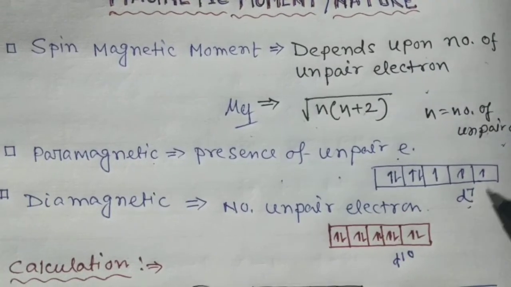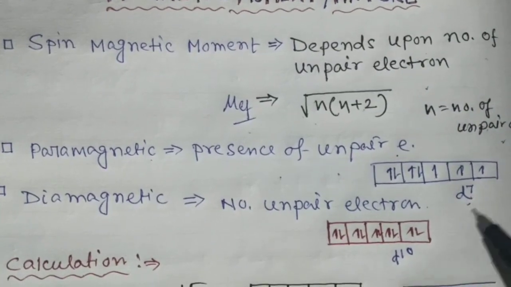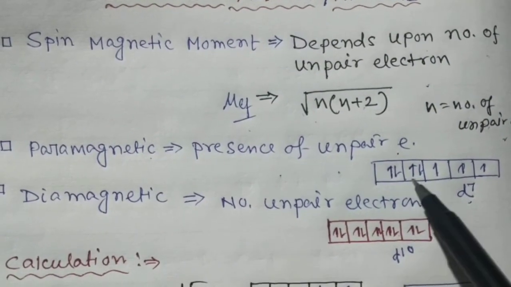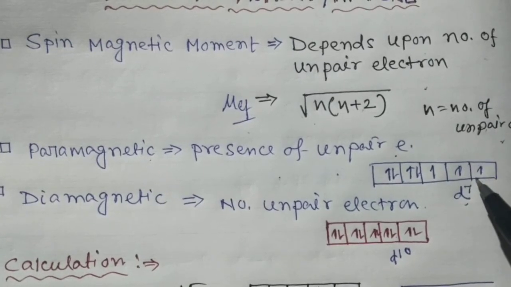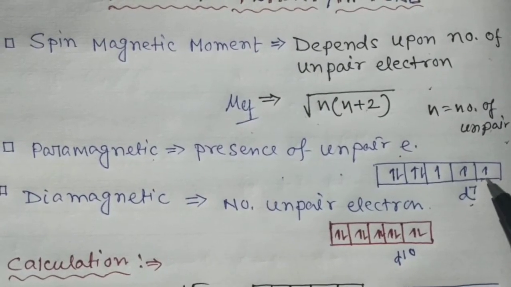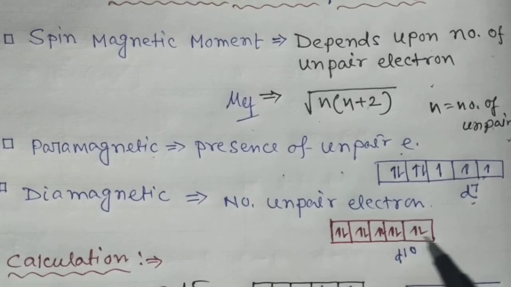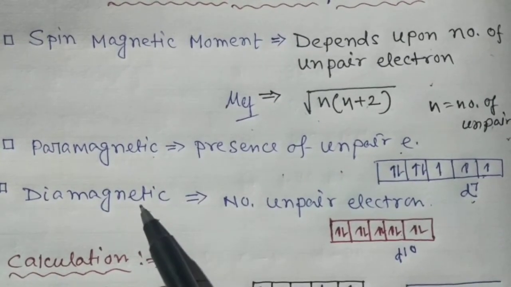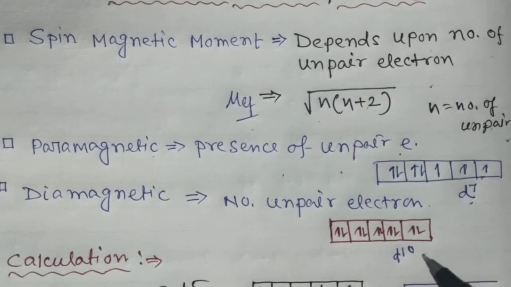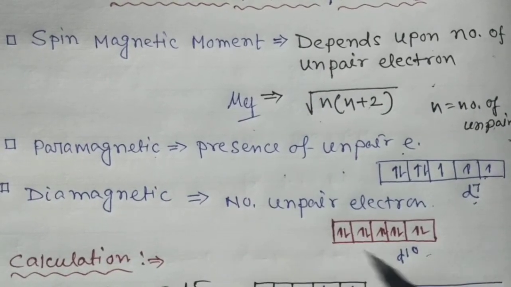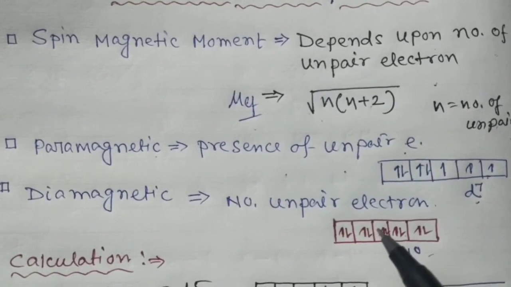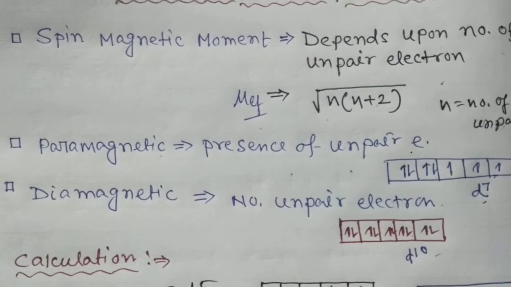The d orbital configuration is given here, that is d7 configuration. Here 3 unpaired electrons are present, so it is called paramagnetic. If no unpaired electron is present, then it is called diamagnetic. In d10 configuration, there are no unpaired electrons, so it's called diamagnetic.